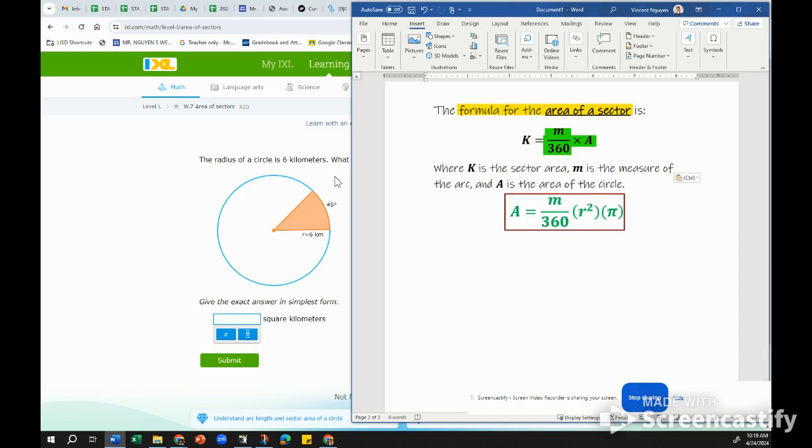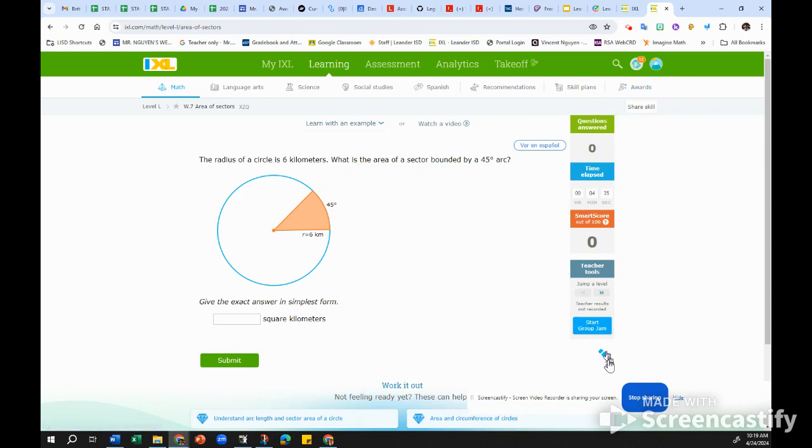All right, let's get rolling here. Pencil. I'll change that to red just because. So we're looking for the area of the sector. It's going to be equal to, so I usually write A sub S for area of sector, y'all. I don't call it K, but IXL will call it K. They give us the 45-degree central angle right here.